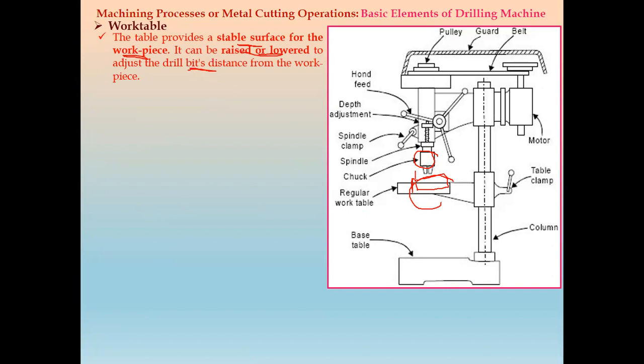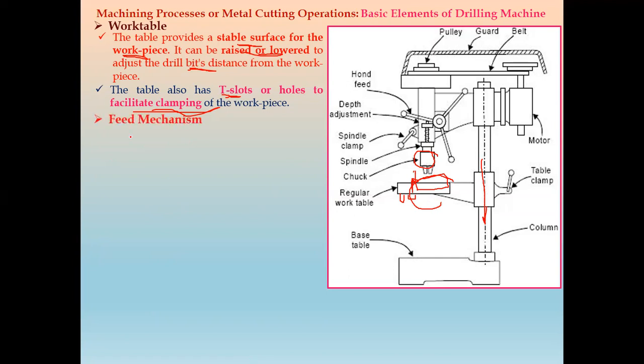To adjust the distance between the drill bit and the work table, we can lower and raise the work table by using the table clamp. The table also has T-slots or holes to facilitate the clamping of the workpiece. So there is a T-slot provided on this work table, or sometimes holes are provided, to facilitate the clamping of the workpiece.